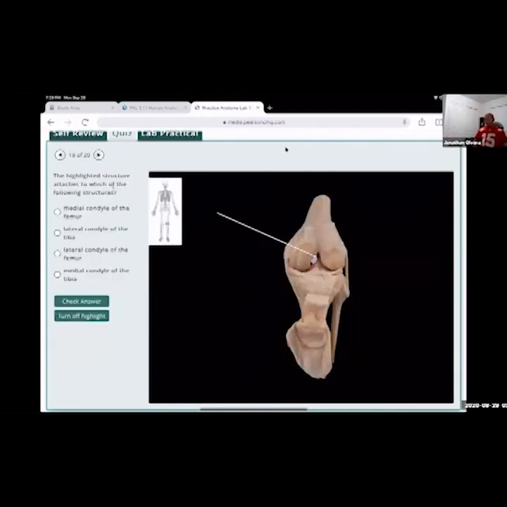The highlighted structure attaches to which of the following structures? That looks like the PCL, the posterior cruciate ligament. And it attaches to the medial condyle of the femur or the lateral condyle of the tibia.